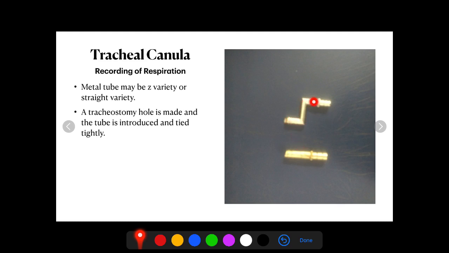If it is a cat, the slender one should be used. If it is a dog, the bigger one should be used, like this. Now, a tracheostomy hole is made on the trachea, and the tube is introduced and tied tightly.